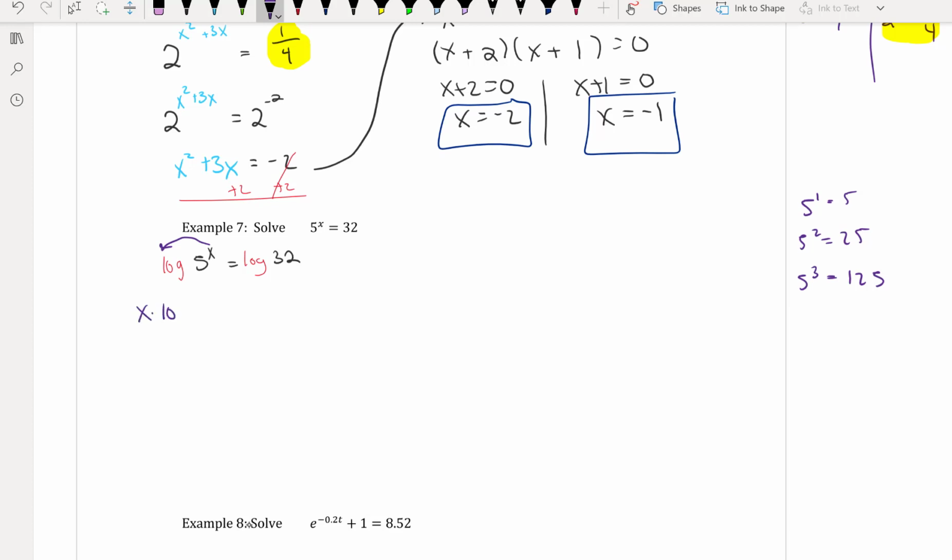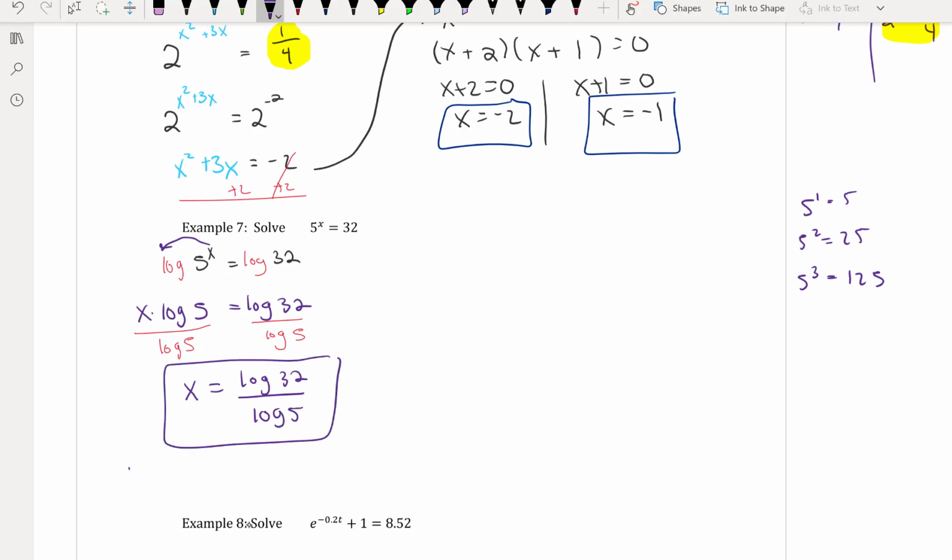So x times log of 5 is equal to my log of 32. And since this is together by multiplication, what's the opposite of multiplication? Division. So I'm going to divide by log of 5. Now I can get the x isolated. I have log of 32 divided by log of 5. So this would be my exact answer.